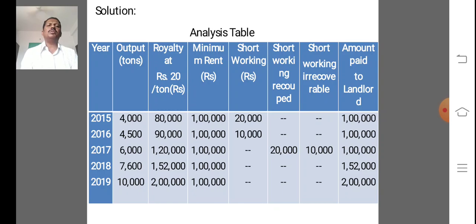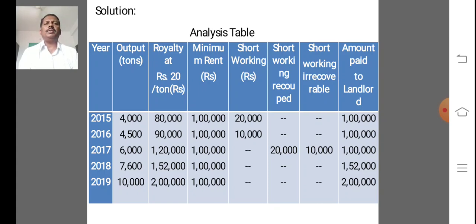So in the year 2015, the output produced is 4000 and royalty is 4000 into 20, 80,000, and minimum rent is 1 lakh. But in this case, royalty is less than the minimum rent. So the difference 1 lakh minus 80,000 is 20,000. The 20,000 is treated as short workings and amount paid to landlord is rupees 1 lakh.